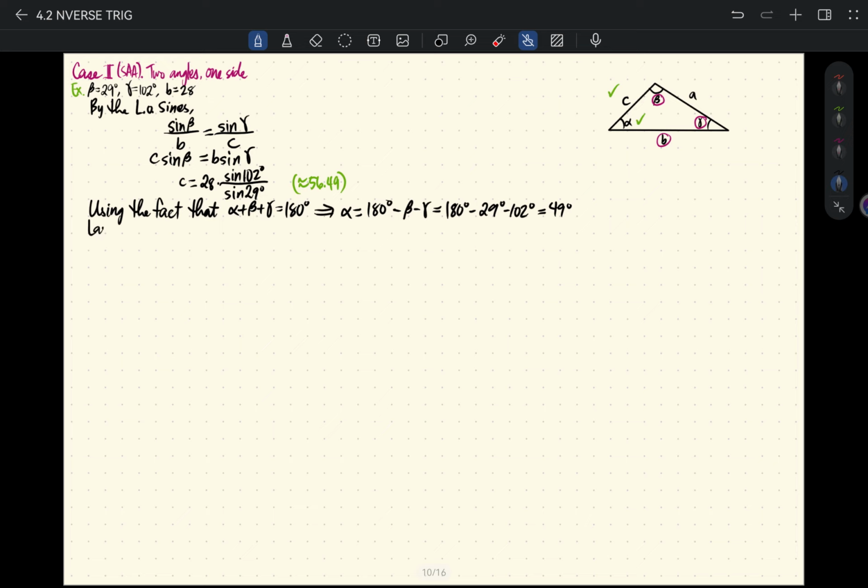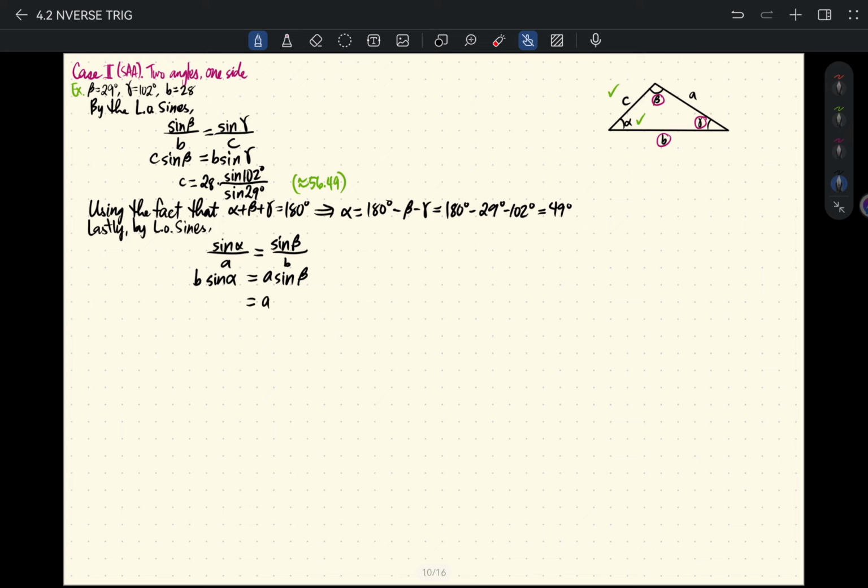So lastly, by law of sines again, we get here sine alpha over A equals sine beta over B. And this gives us B times sine of alpha equals A times sine of beta. And what we want to solve is A, so we divide both sides by sine beta.